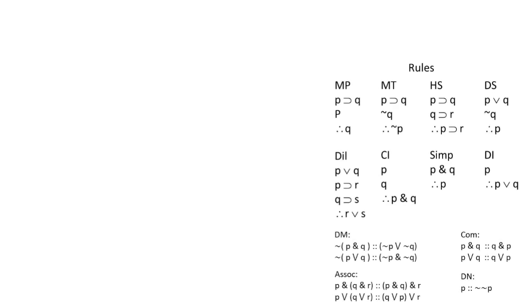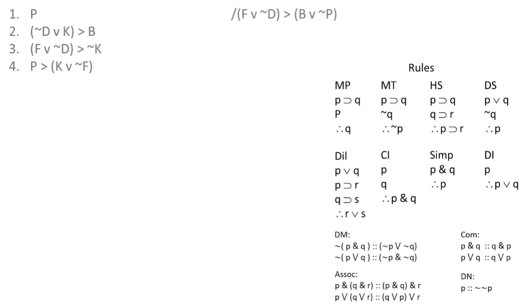As a final example, I'll use one of Teller's longer exercises. The aim of this example is to show that if F or not D, then B or not P is a valid inference from this argument. To show that this is a valid inference, we're going to use Teller's strategy of making an assumption.